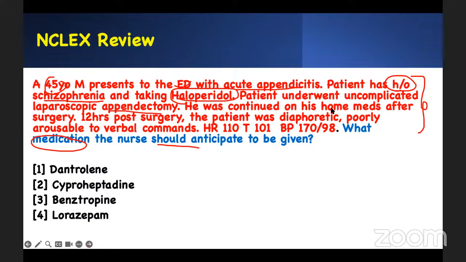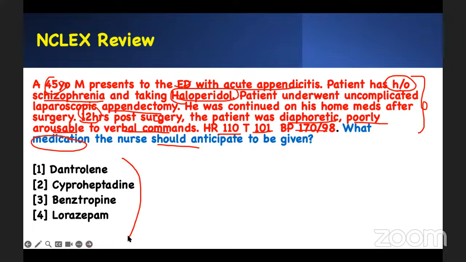He was continued on his home medication after surgery. He continued with his haloperidol. 12 hours later, post-surgery, the patient is diaphoretic, poorly arousable to verbal command, tachycardic, with a low-grade fever, hypertensive.